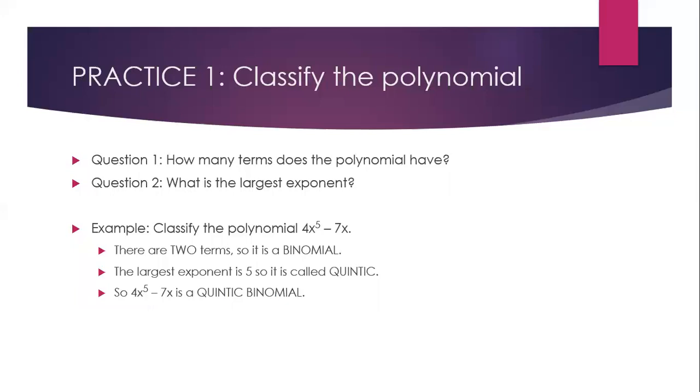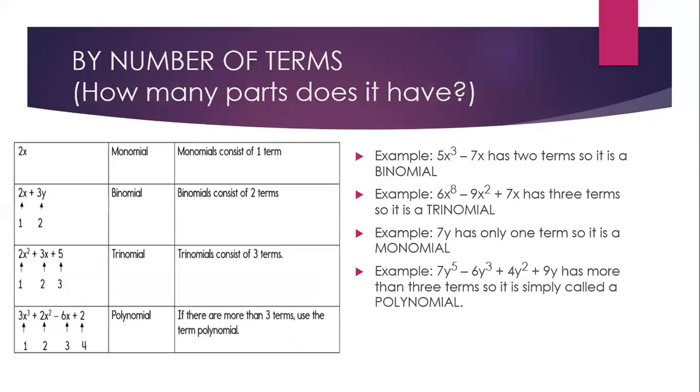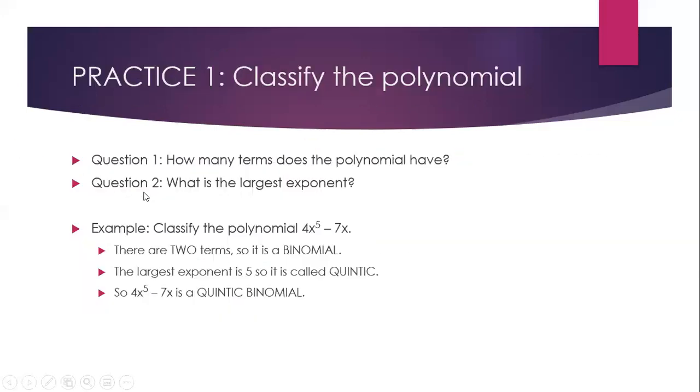First example, we want to classify the polynomial 4x to the 5 minus 7x. So, number 1, how many terms are there? There are 2 terms. So, if there are 2 terms, we call that a binomial. The largest exponent in this case is a 5. If you look at it, we see, here's this 5 right here as an exponent.